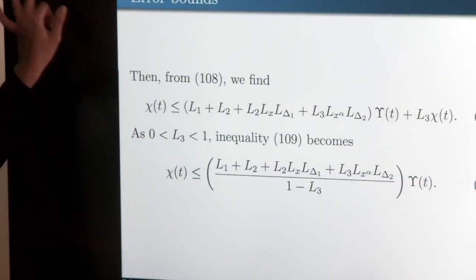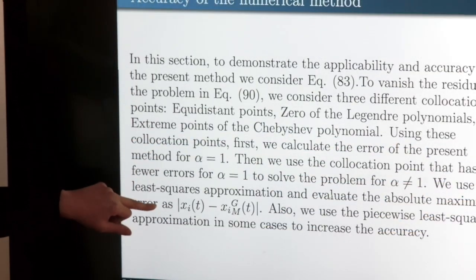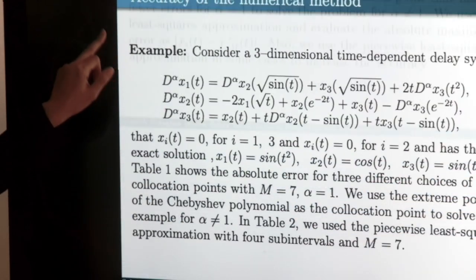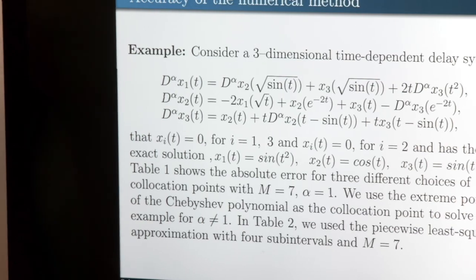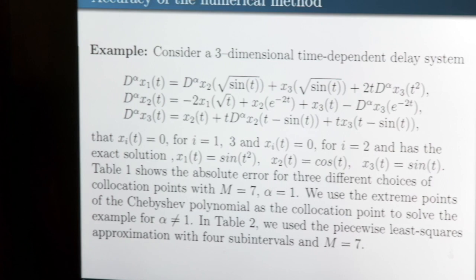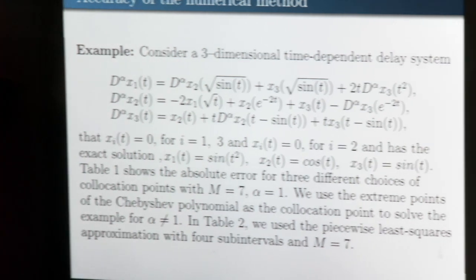Now I want to show you a numerical example. The results of the error analysis you can find in my papers about fractional calculus. Now I want to consider this example.